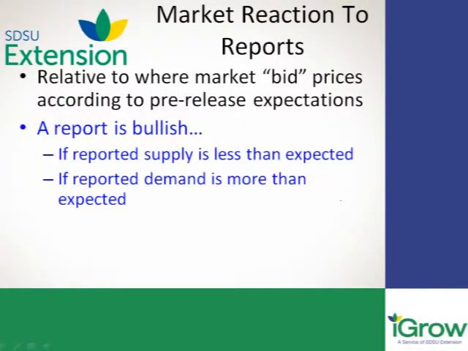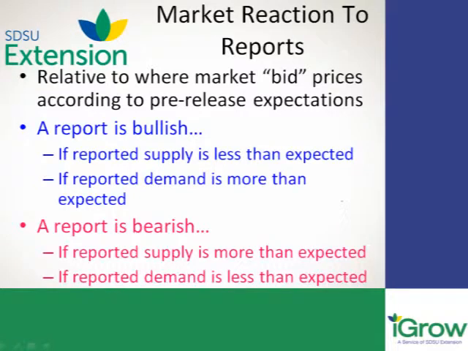So when we think about market reactions to reports, we again come back to this idea that it's relative to where market prices were bid into the market before the report actually came out, what those pre-release expectations were. And we gauge a report by being bullish or bearish relative to what those pre-release expectations were, not necessarily whether supply was in and of itself higher or lower, or whether demand was higher or lower in and of itself, but how they compared to the pre-release expectations.